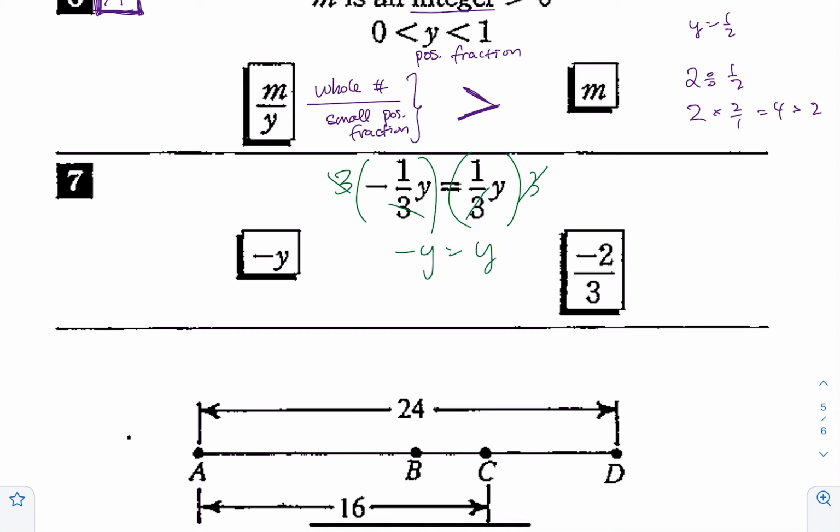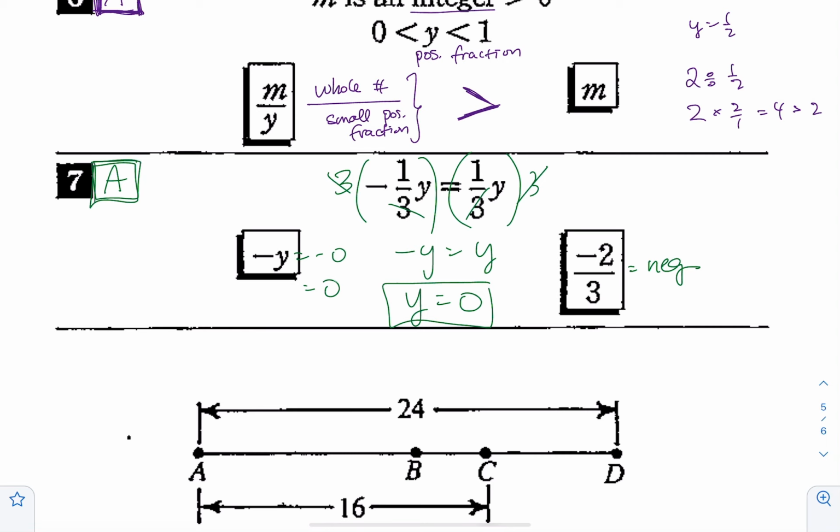And the only way that's even possible is if y is equal to 0. So y is equal to 0, negative 0 is just 0, and 0 is always greater than this negative number. So the answer for 7, again, is A. You know that y is equal to 0, and column B is negative.